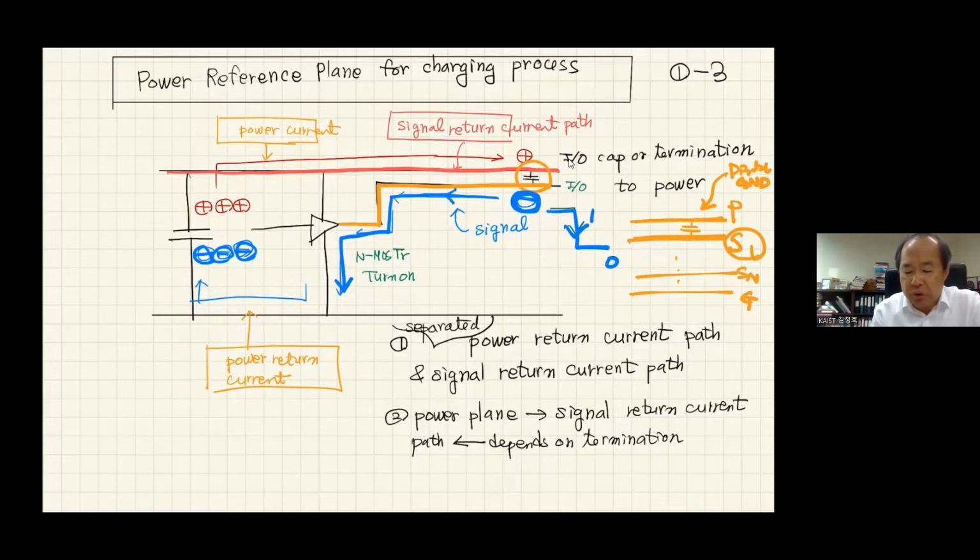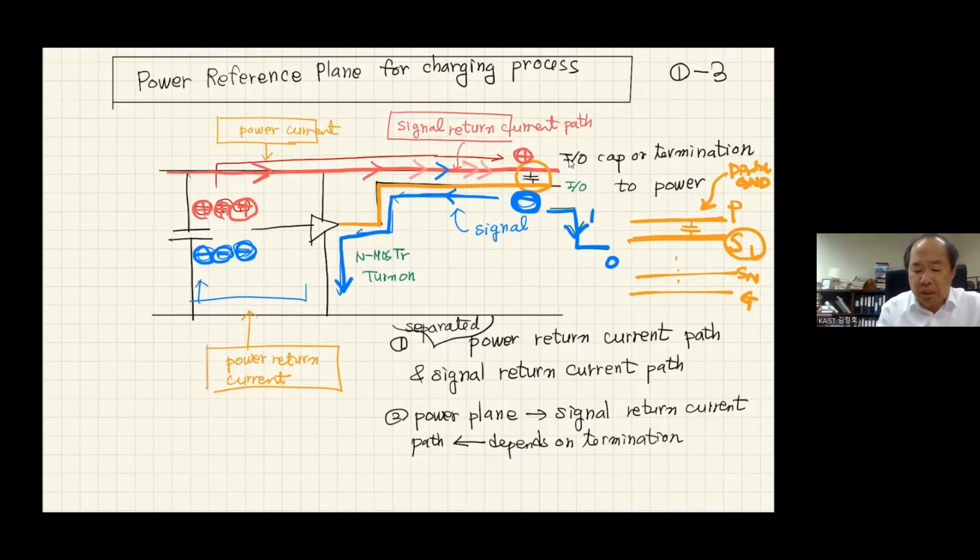Return current actually is going through this power line that will supply the plus charge that will come from decoupling capacitors. So in this case, the power current that is connected to the decoupling capacitor is conducted onto the power line. Meanwhile, the return current is also conducted on the same metal line.